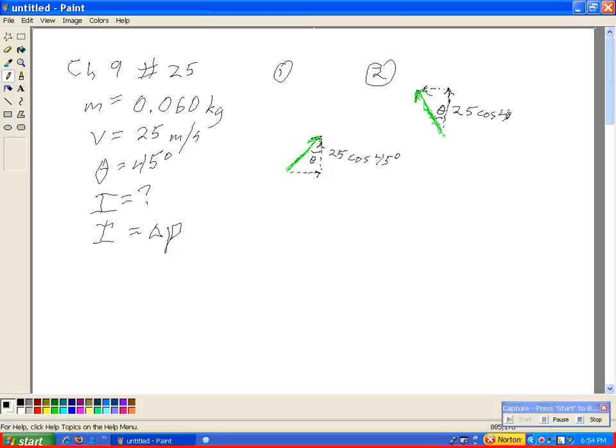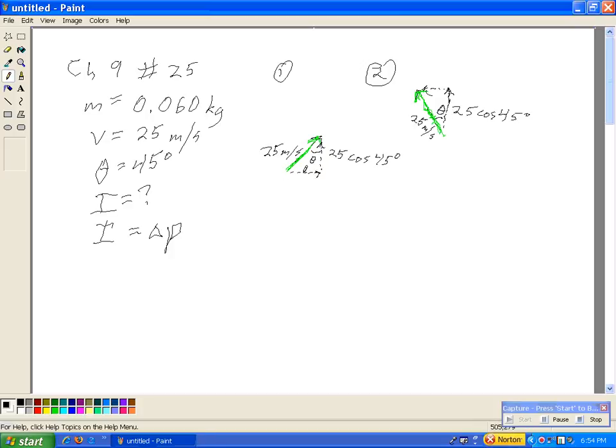This is the velocity, by the way. If this is 25 meters per second, this is 25 meters per second. So there's no change in momentum in the y direction, only in the x direction.